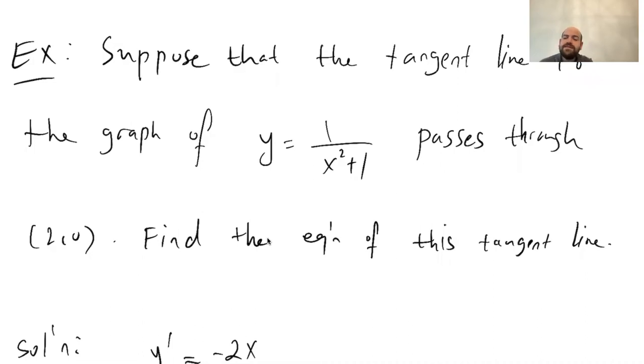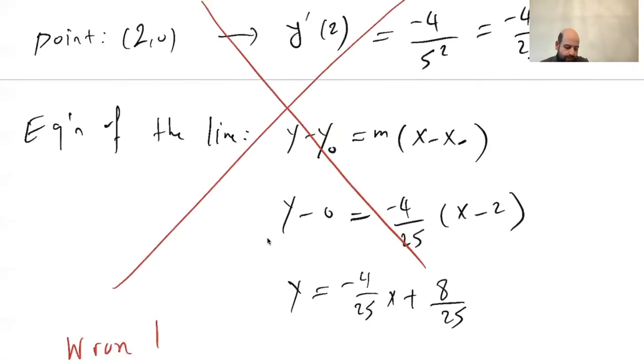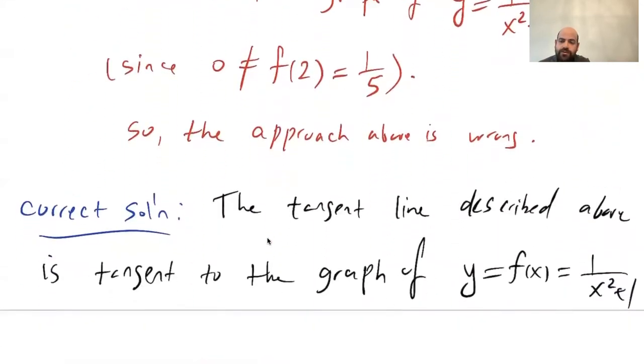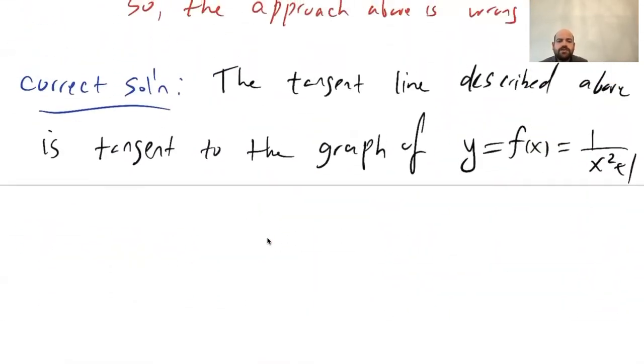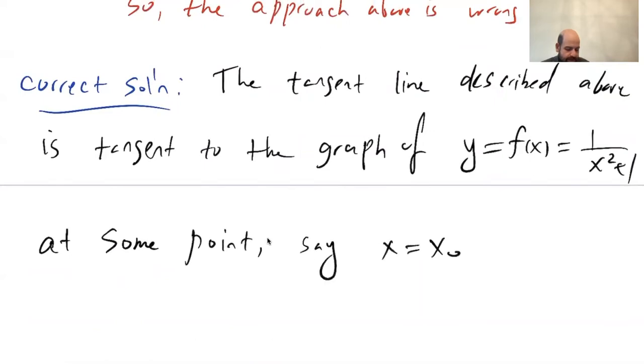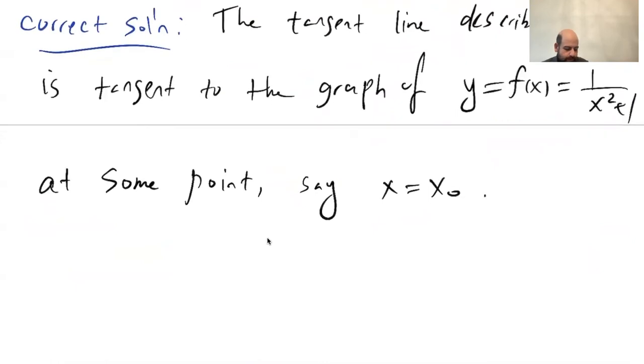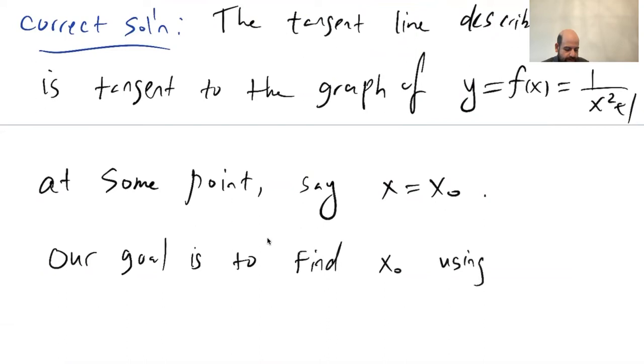Let's call it x0, because we don't know and we want to find out. So it's tangent to the graph at some point, say x equals x0. Our goal is to find x0 using the information given in the question.